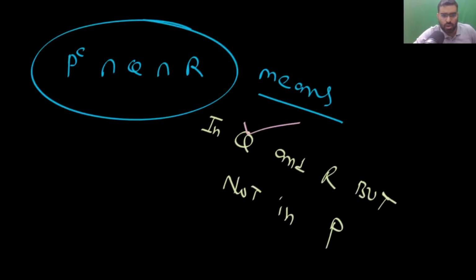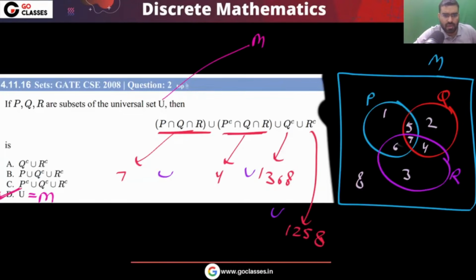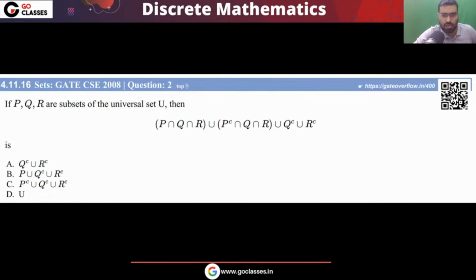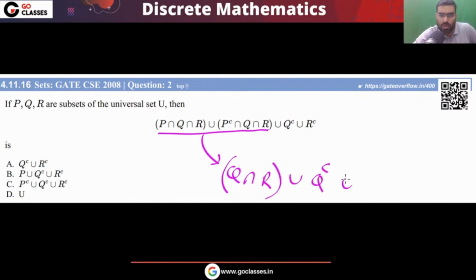Now, as I told you, in this question, if you notice, this PQR union is nothing but Q intersection R, union Q complement union R complement. Now you can solve this question even more easily.